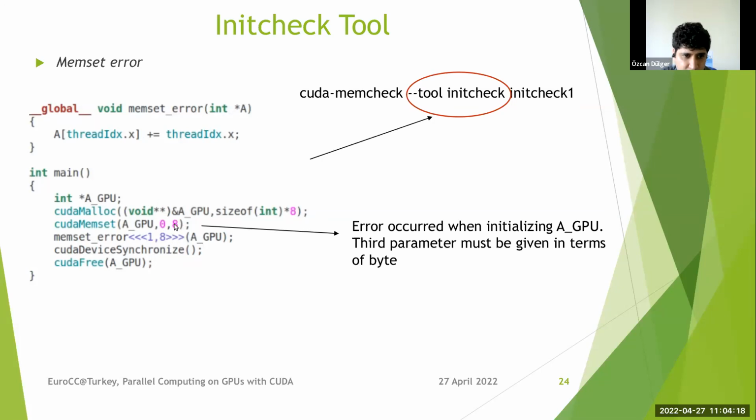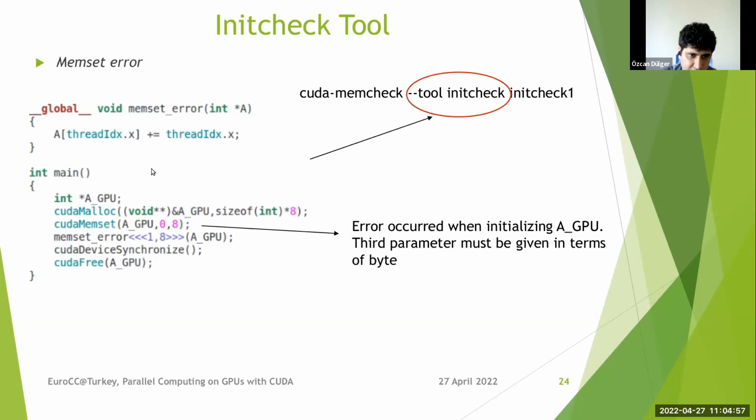Why? Because this parameter should be in terms of bytes. When we set it to 8, that means we set only the first two elements of the array to 0, but for the remaining ones, 6 elements left, they are still uninitialized.